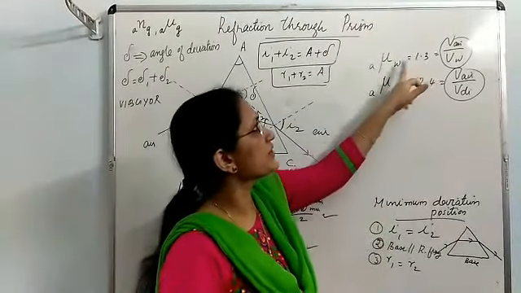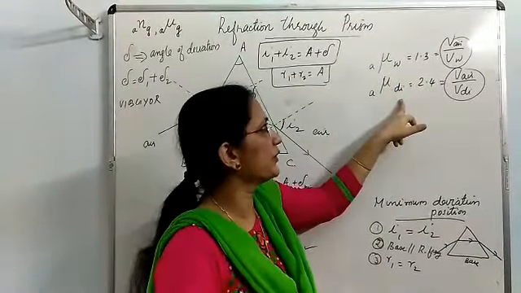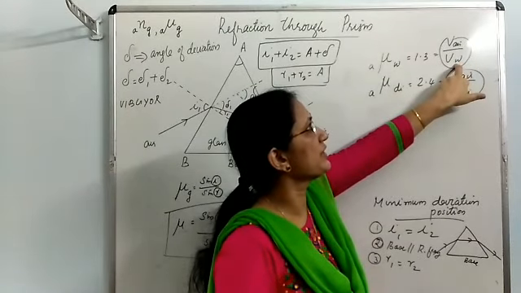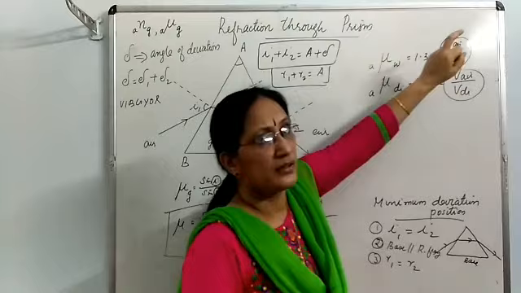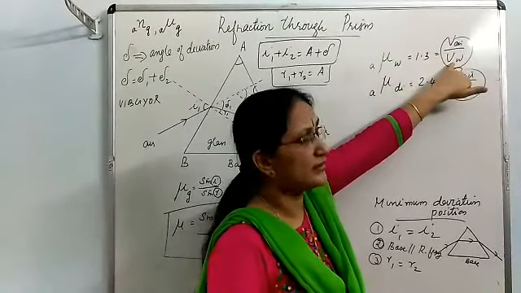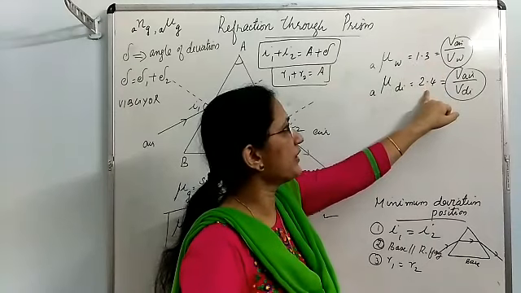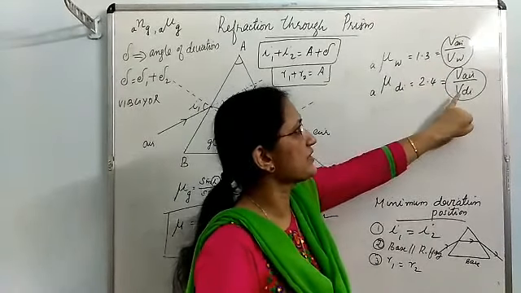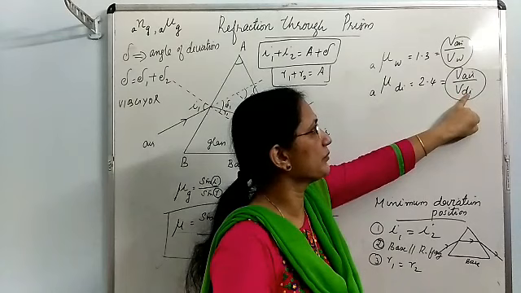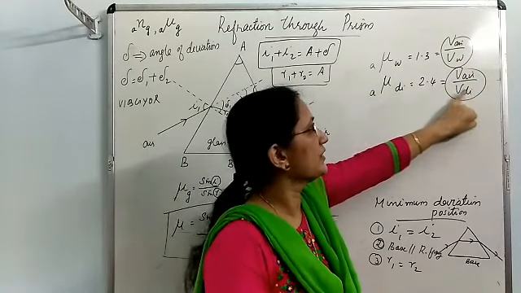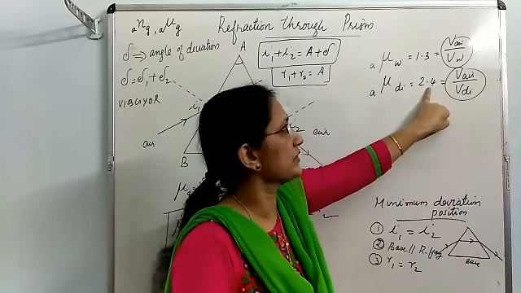So water has low refractive index compared to diamond. That means the velocity of light in water is high, so its refractive index is low. And diamond has high refractive index, means velocity of light in diamond is less. It travels with a lower speed, that is why it has high refractive index.